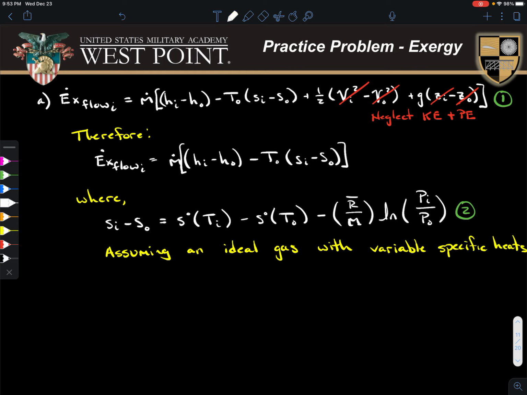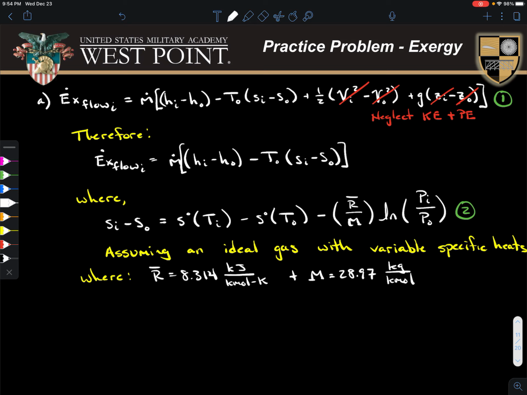And we would say, where our universal gas constant is 8.314 kilojoules per kilomole Kelvin, and our molecular weight, as we called out earlier, is 28.97 kilograms per kilomole.